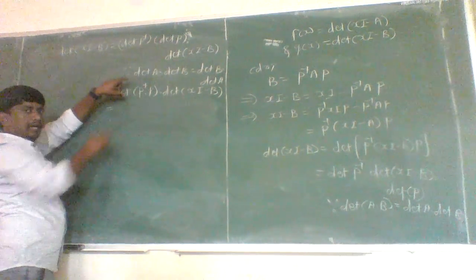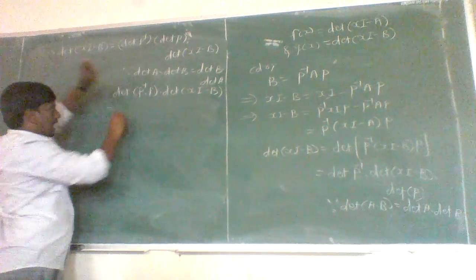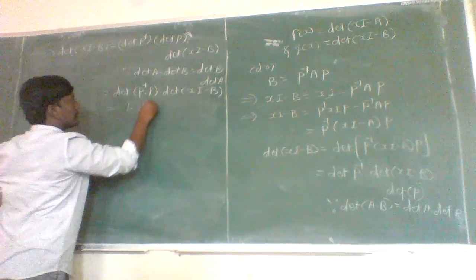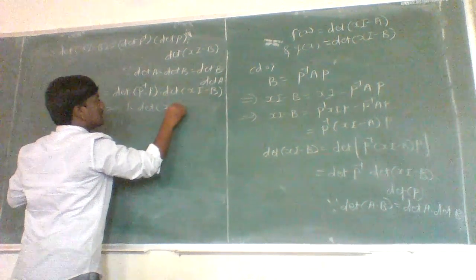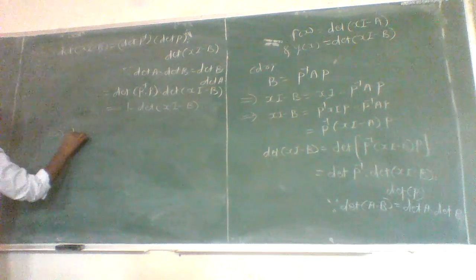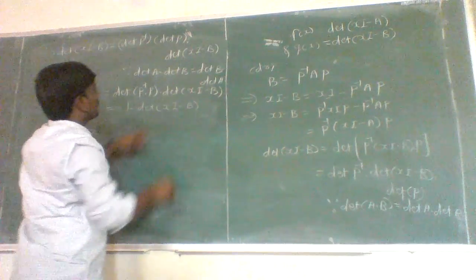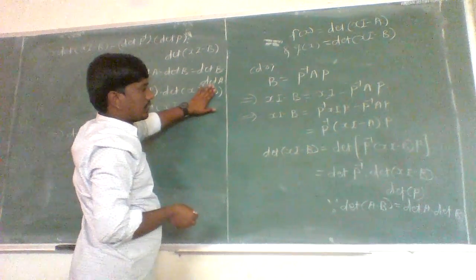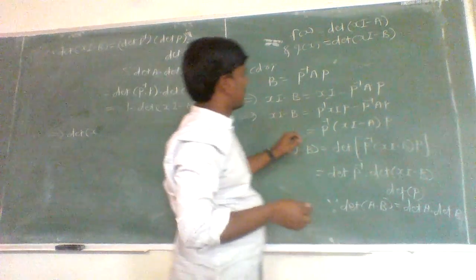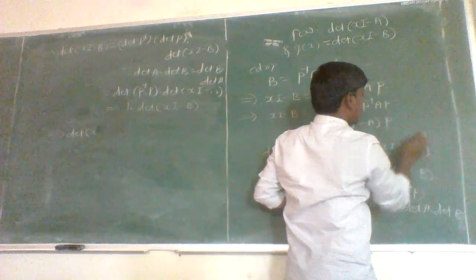Therefore, the determinant of the identity matrix is always 1, and this is the determinant of xI minus A.